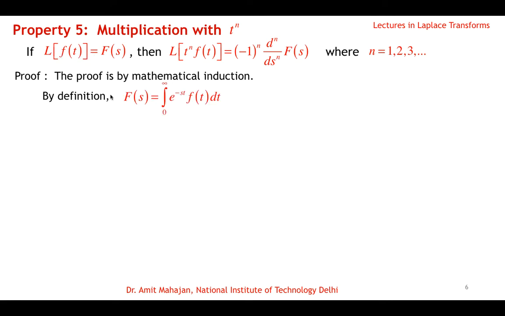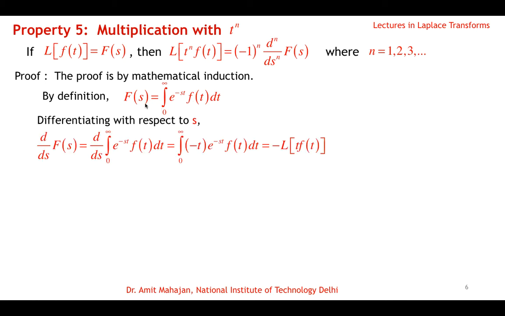By definition, F(s) is nothing but the integral from 0 to infinity of e^(-st) f(t) dt. And we differentiate this one time with respect to s on both sides. So the left hand side will be the derivative of F(s) with respect to s, and the right hand side will be the derivative with respect to s of this integral, and because the integration is with t, the derivative with s acts only on this.